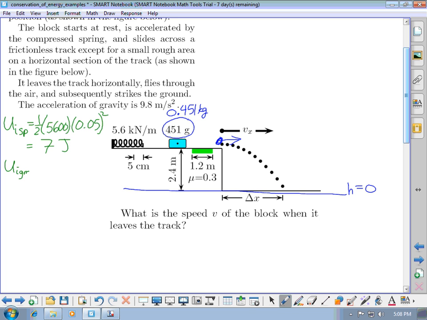The initial gravitational potential energy is 0.451 kilograms times 9.8 times the height of 2.4 meters. Which gives a gravitational potential energy of 10.608 joules. The initial kinetic energy is 0. The block is compressed up against the spring and it's not moving.